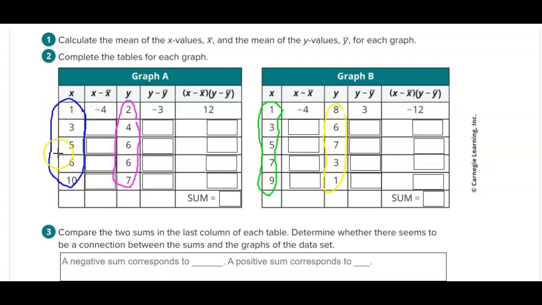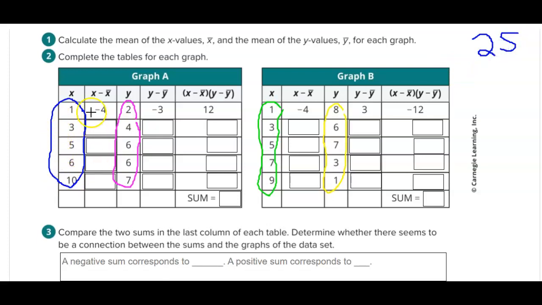Okay? So add these numbers, add these numbers, add these numbers, add these numbers. So I'll do this one as an example. So 1 plus 3 is 4, 4 plus 5 is 9, 9 plus 6 is 15, 15 plus 10 is 25. So the total of the numbers circled in blue is 25.